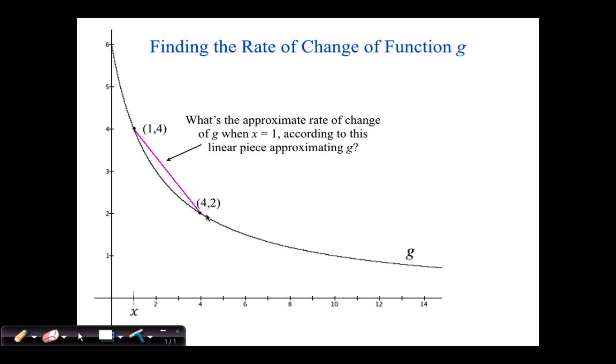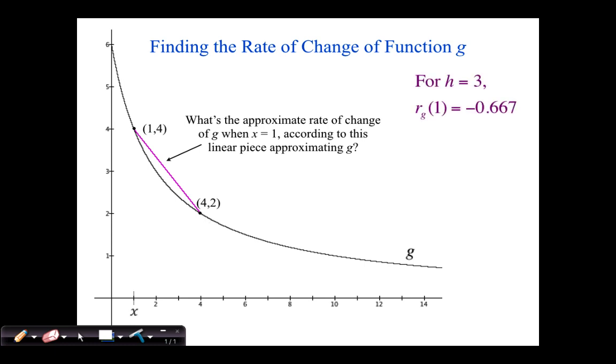Now, that's not a particularly great estimation, especially zoomed in this far. If you zoomed out farther, that would look perfectly great. But zoomed in to this level of closeness, we can see that that's not a great estimation. So if I wanted to know more about the rate of change near x equals 1, if we're going to use our sliding interval method as opposed to having preset locations of interval boundaries, I say, well, let's go forward from 1 by 3 whole units.